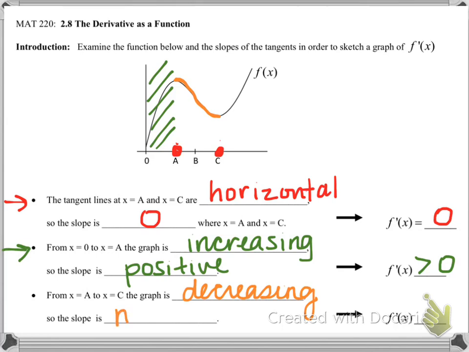So the slope is negative. And remember, the slope is the derivative, so if the slope is negative, that means that our derivative is negative. So between a and c, we will be plotting negative y values. So if you can imagine, the graph is going to live somewhere below the x-axis between a and c.